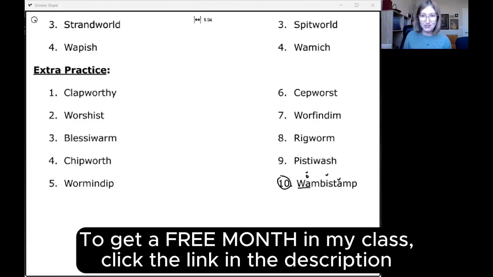This A says ah because there are 2 consonants after it. This A says ah because it comes after a W. There's always a because. So the sounds are w, ah, b, I, st, a, p.